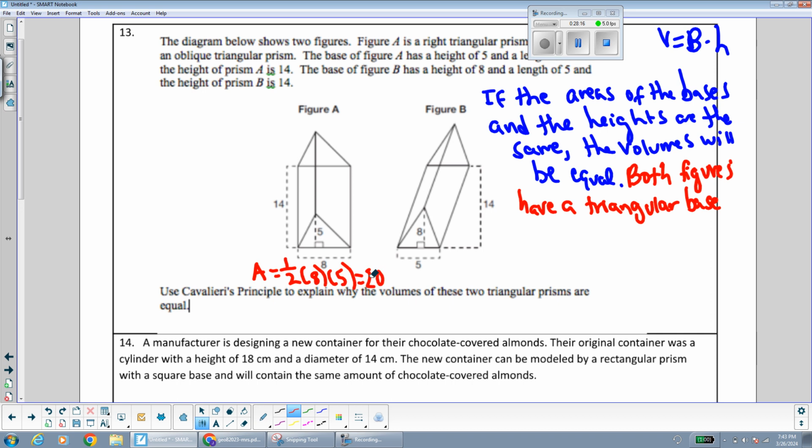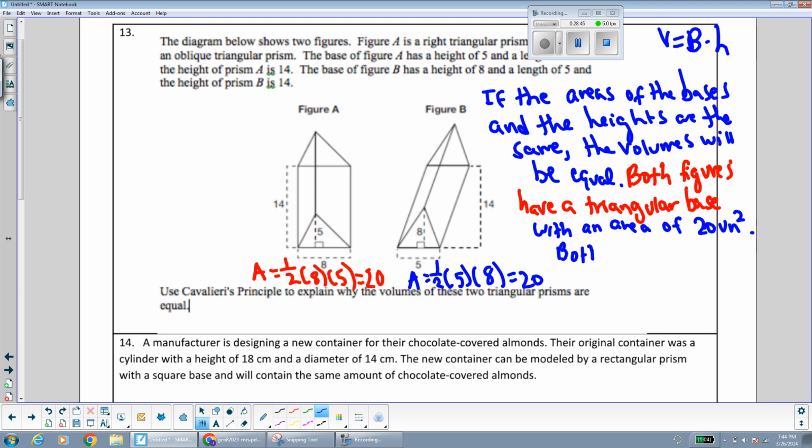And the area of this base is also 1/2 base times height because it's a triangle. So that would once again be 20. Both figures have a triangular base with an area of 20 square units.